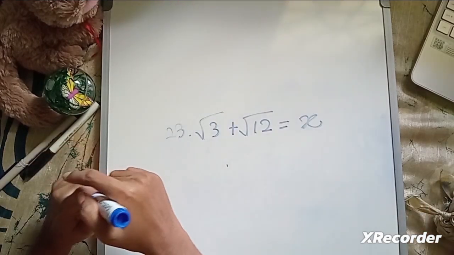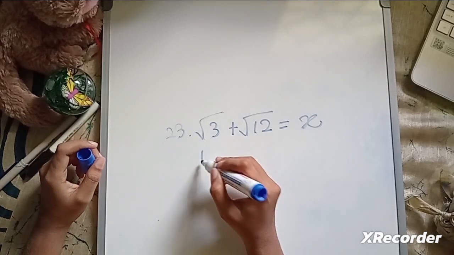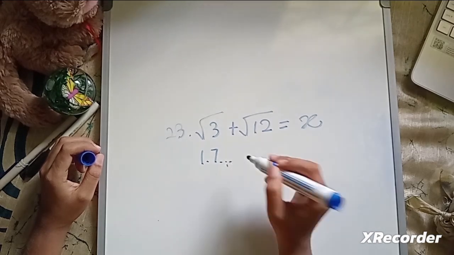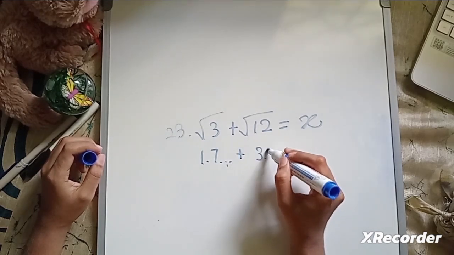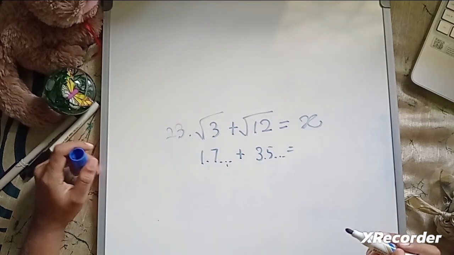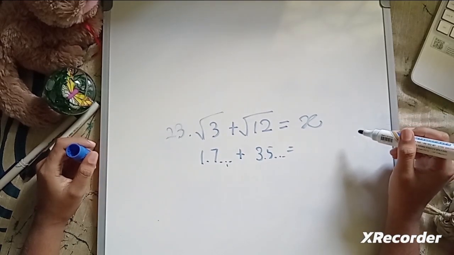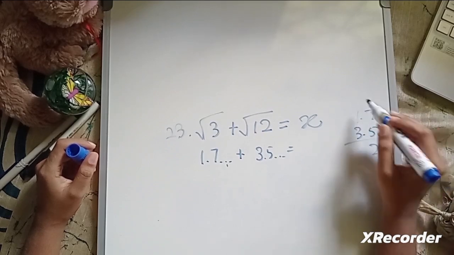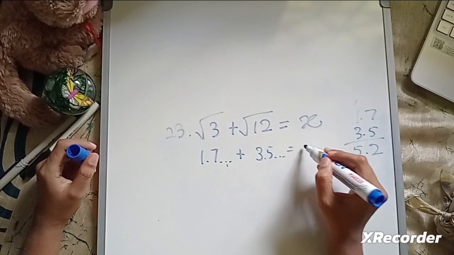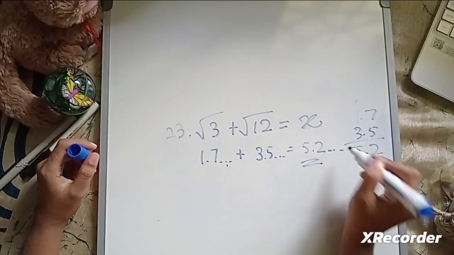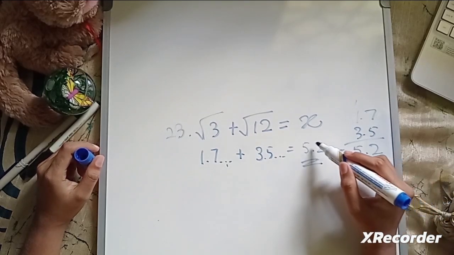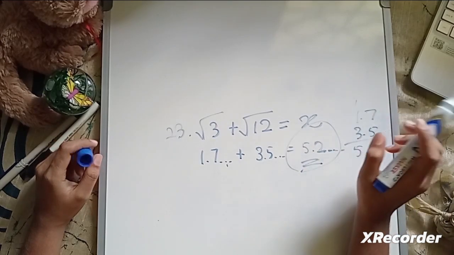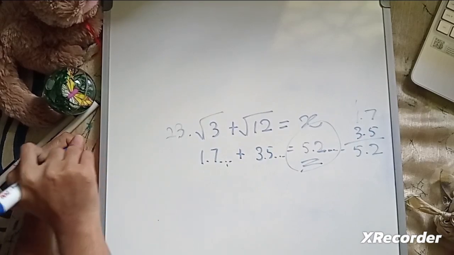As you can remember, square root of 3 is 1.7 or something, and square root of 12 is 3.5 something, so 1.7 plus 3.5 is 5.2 or something. So this value is greater than 5, so we can come up with the answer as 3.